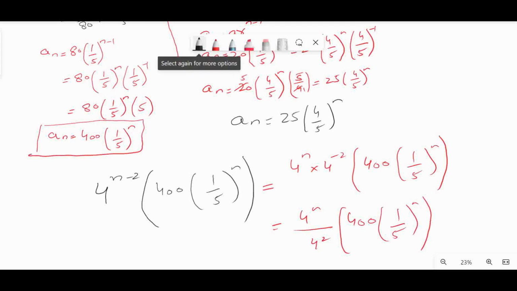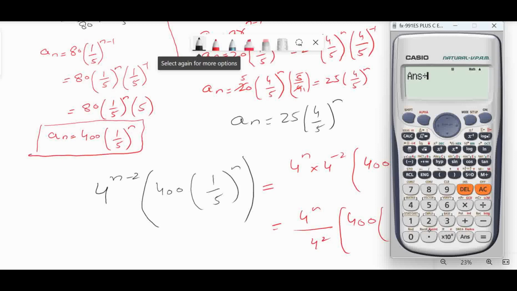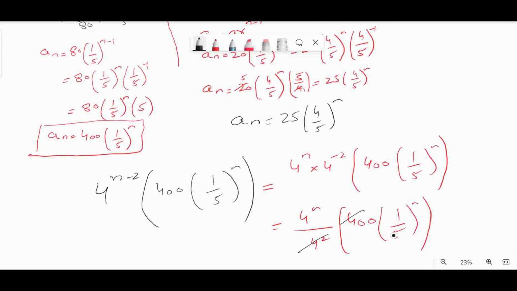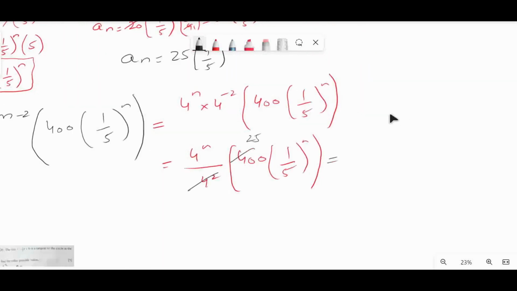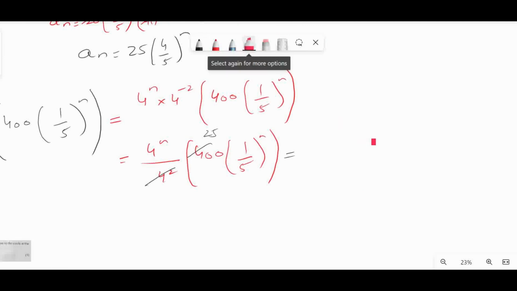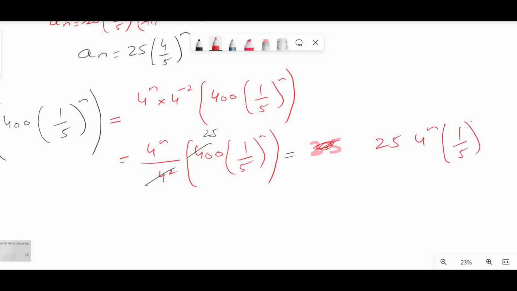This will be 16. 400 divided by 16 will be equal to 25. So this will be equal to 25 into 4 power n into 1 by 5 whole power n.